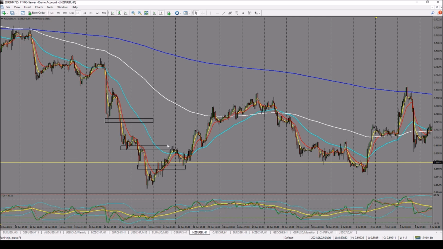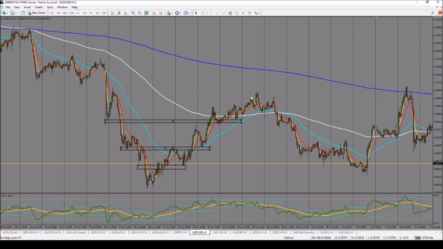Then as the market progressed, it broke the second order block that we would have marked already, and we came back to this zone and continued. Then this is the third order block, and on that third order block, we can see the market broke it and retested, and the market continued.